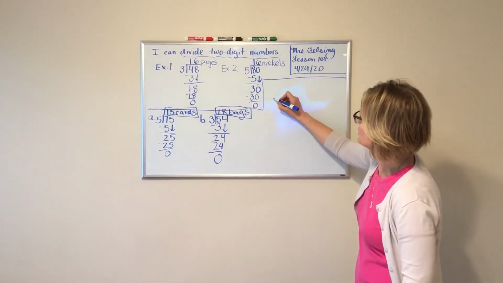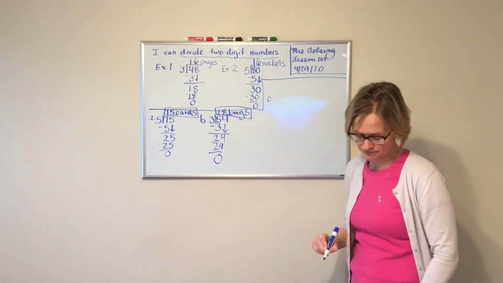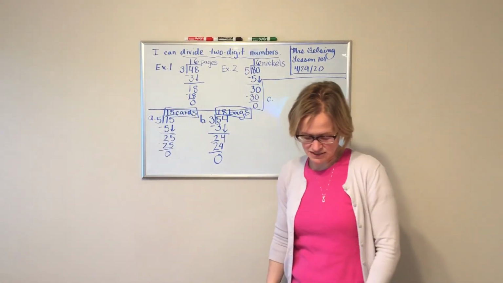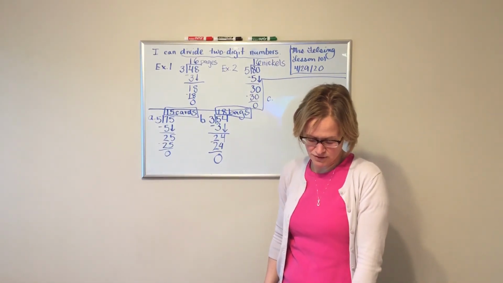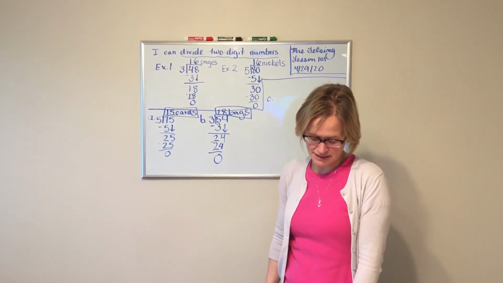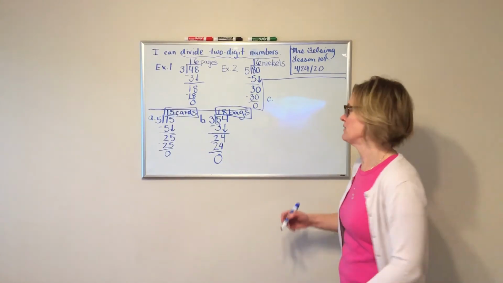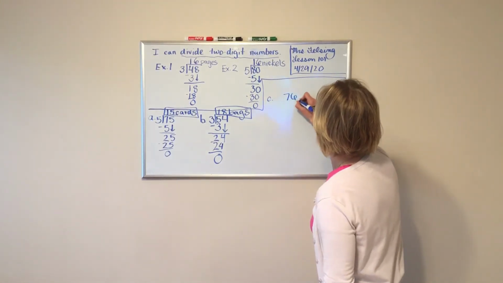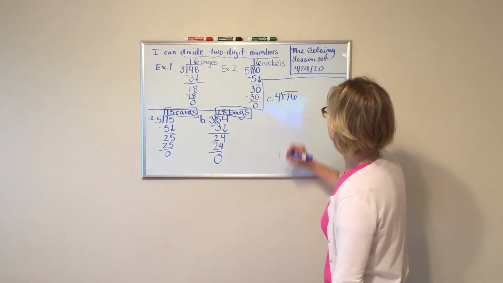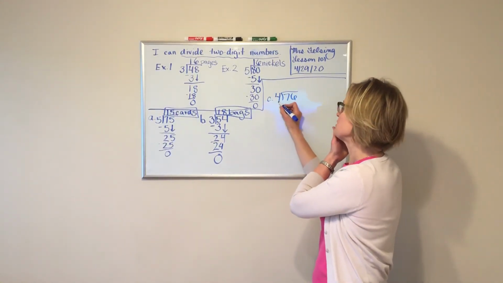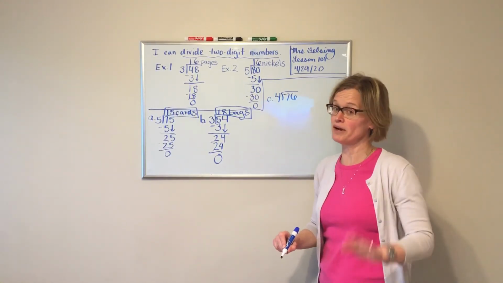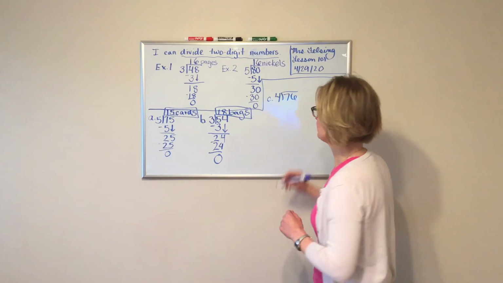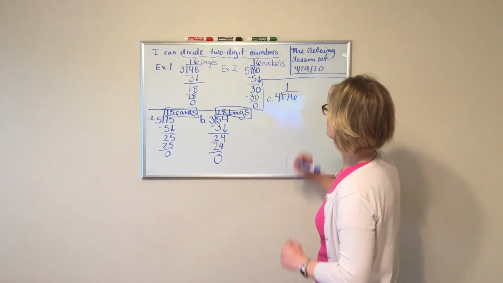So let's go on with C. If 76 horn players line up in 4 rows, how many players will be in each row? Same thing. So we take 76 divided by 4. How many times can 4 go into 7 without going over? Once. 1 times 4 is 4.